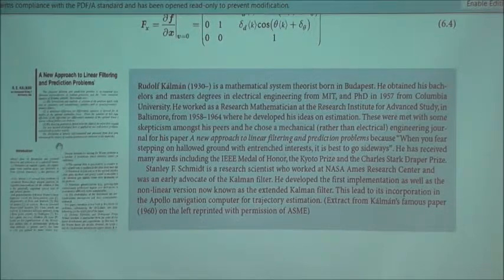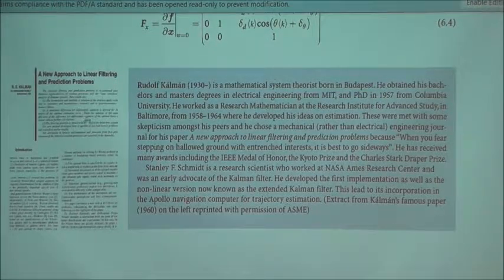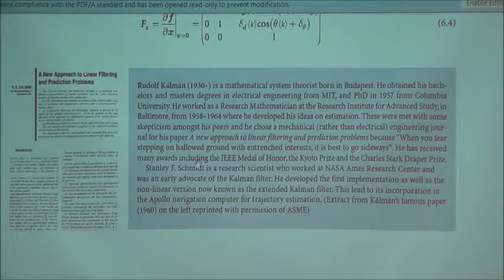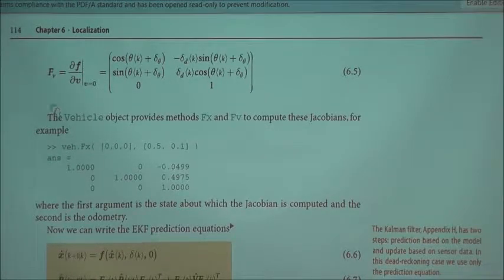But he had accepted my invitation to be at my conference in 2018 in Prague, Czech Republic. So this was not published in IEEE by his choice and published in ASME. And he has received the IEEE Medal of Honor, the Toyota Prize, which is equivalent to the so-called Japanese Nobel Prize, and many other accolades.